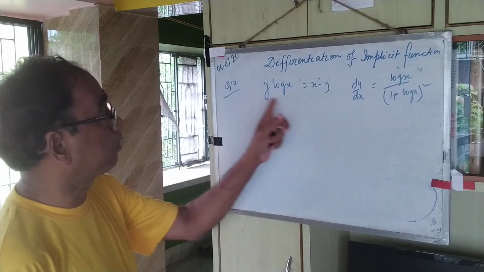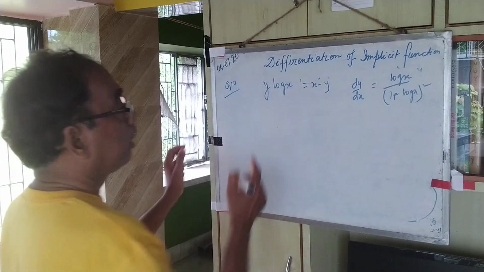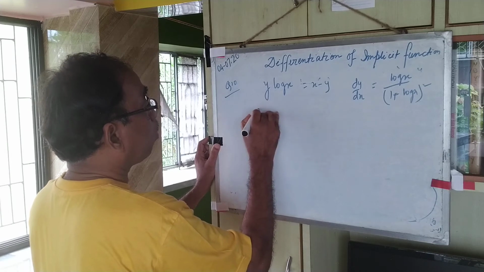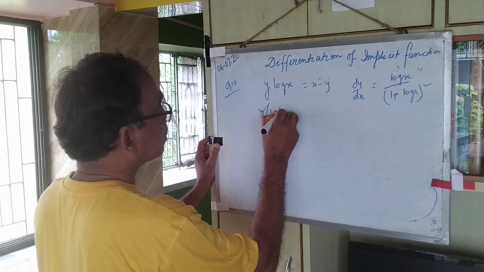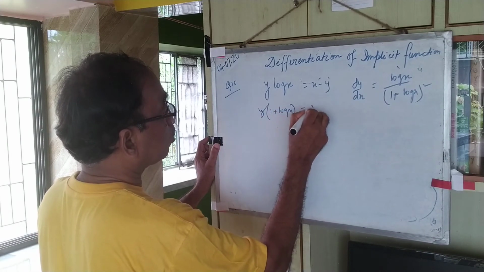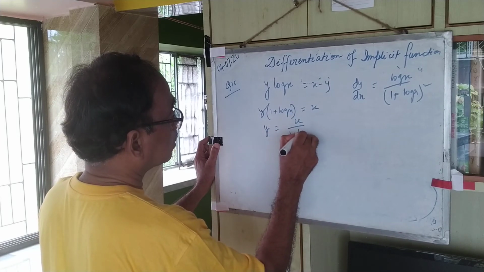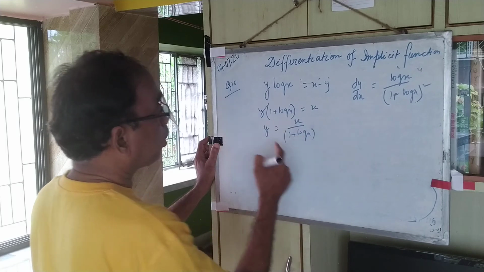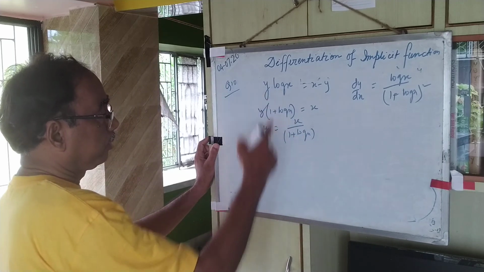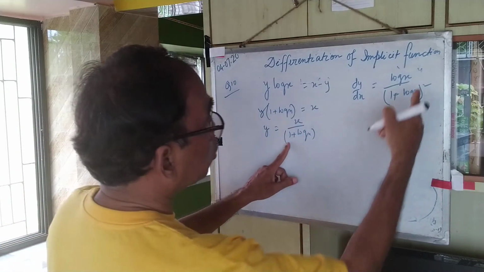In this case, you have to choose it: y into 1 plus log x equals x, then y equals x by 1 plus log x. Because if we do derivative otherwise, whole square will come.